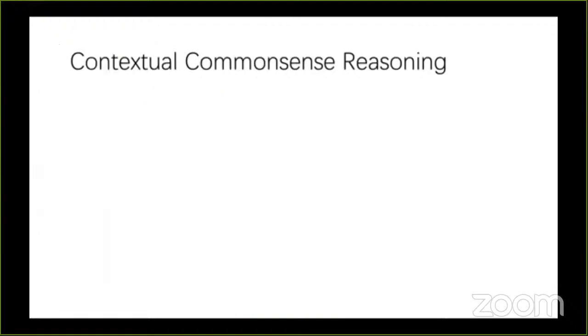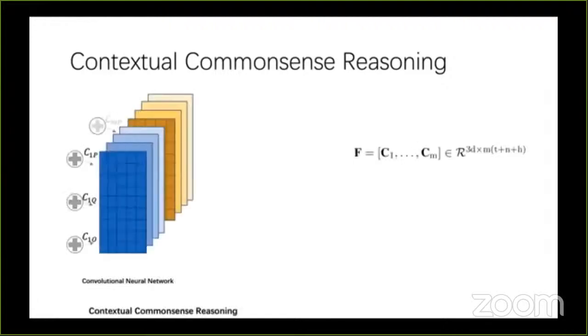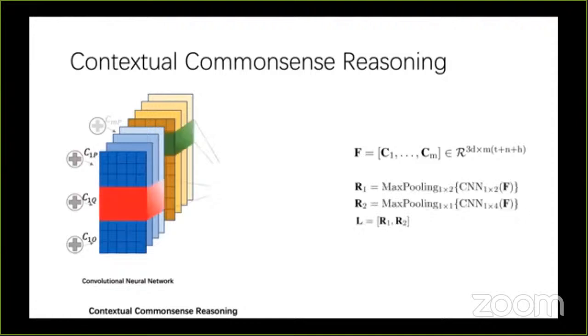We process the different option pairs in parallel, and we concatenate the M options as the tensor F. Since the final representation only contains fine-grained token level information, we employ a convolutional neural network to extract factual level patterns.